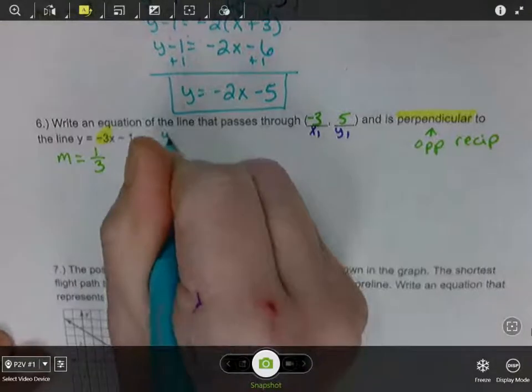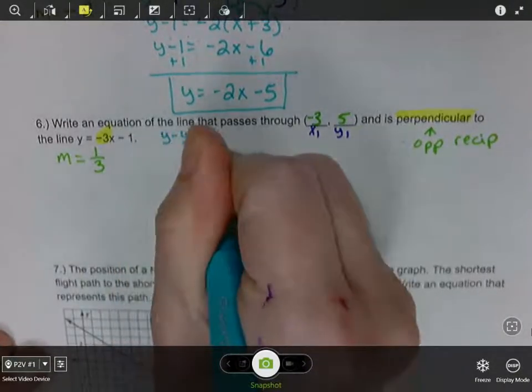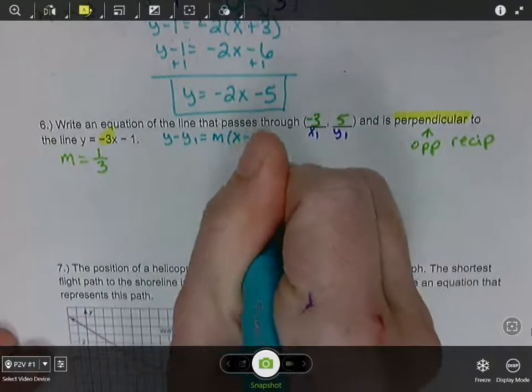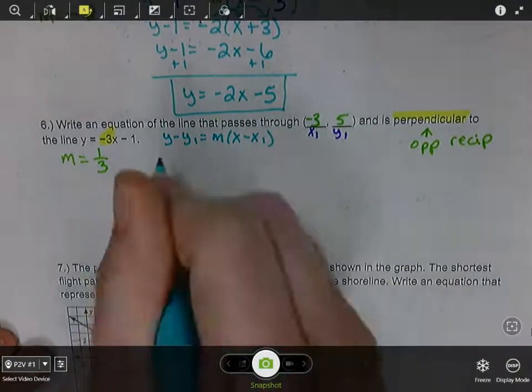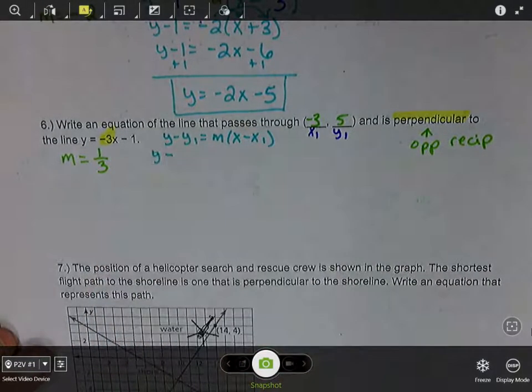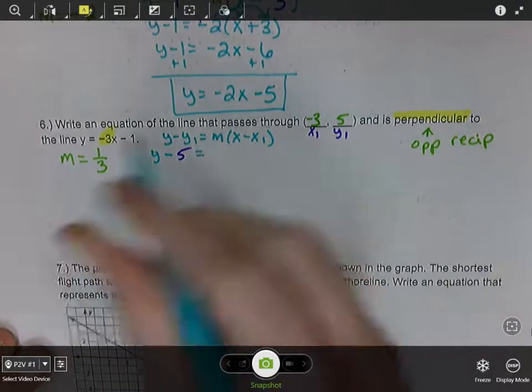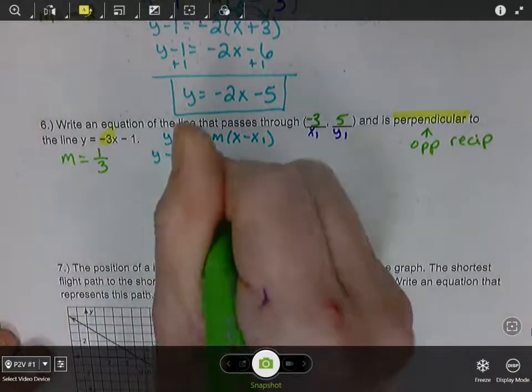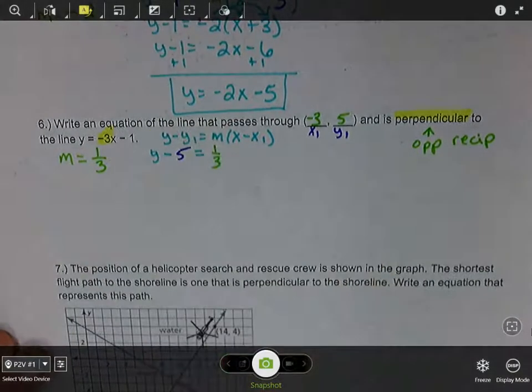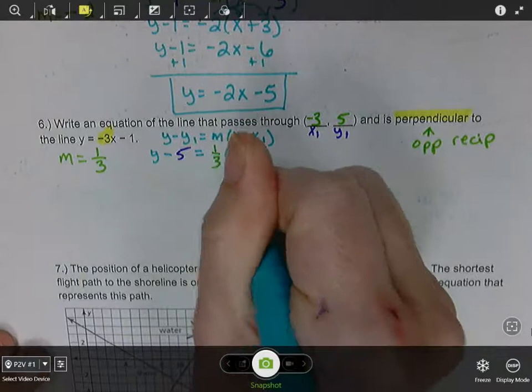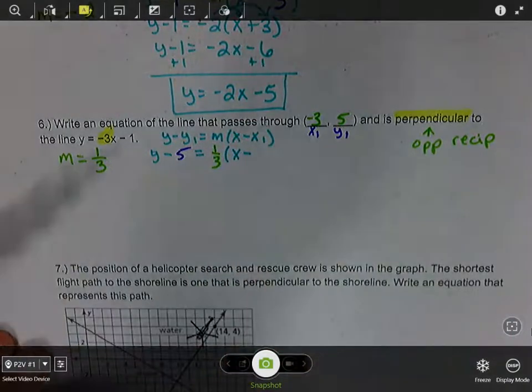Now, start with the formula, y minus y1 equals m times x minus x1. Okay. So y minus y1 is 5 equals m is 1/3 times x minus x1, which is -3.